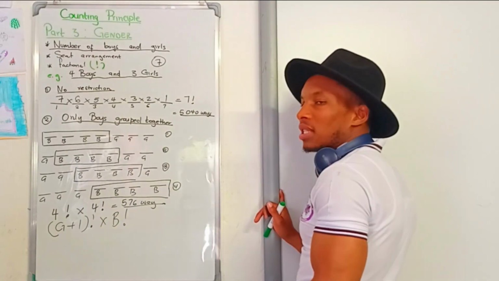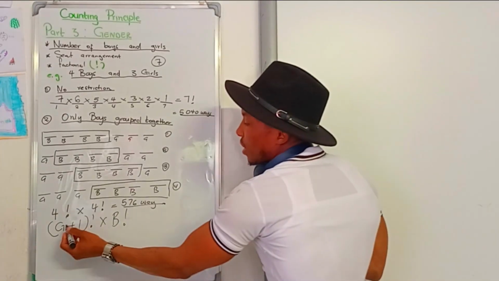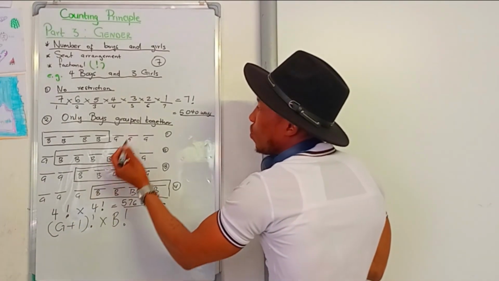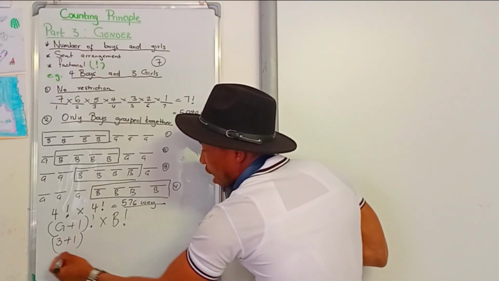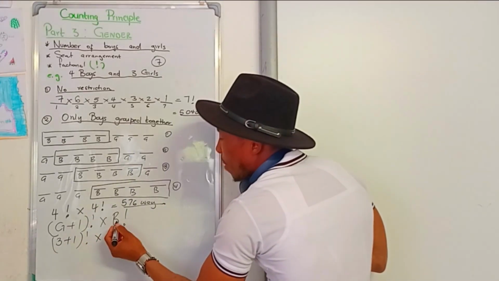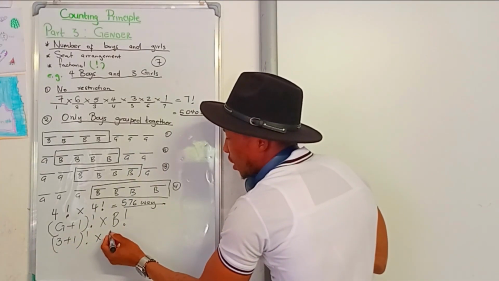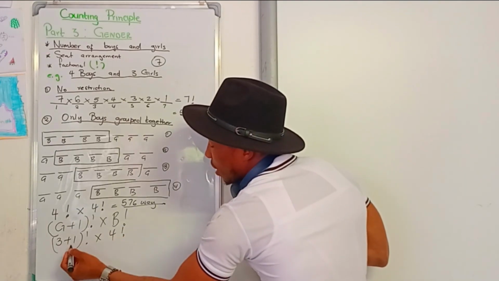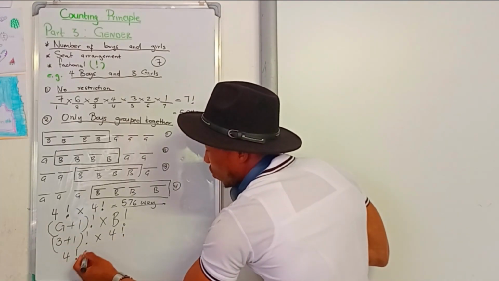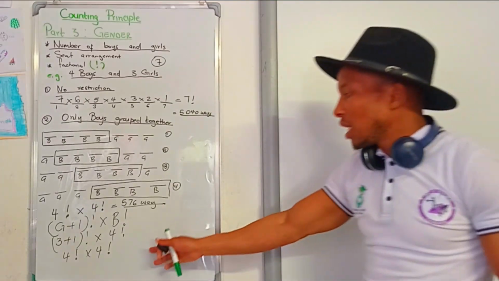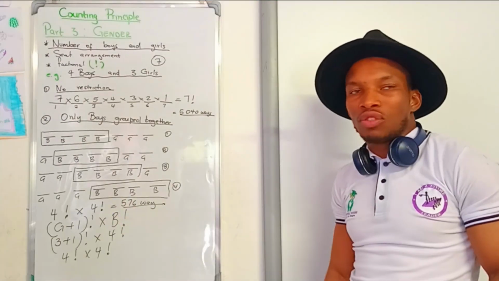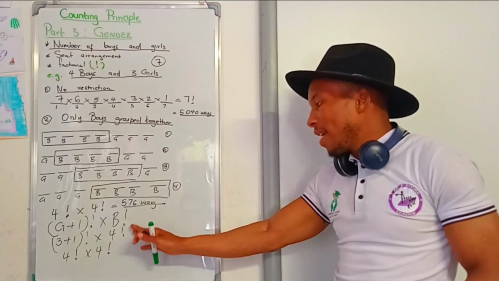Okay, that's the rule that we normally use. The number of girls, how many girls do we have? We have 3 girls, therefore we're going to have 3 plus 1 factorial times the number of boys, which is 4 factorial. Then 3 plus 1 equals 4 factorial times 4 factorial. Alright? Therefore, it's the same as this one if you're just using this formula.